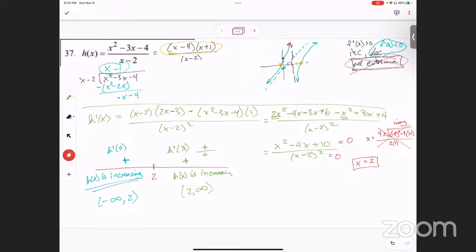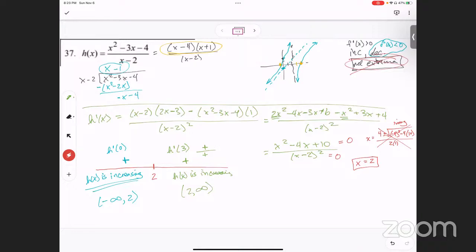This doesn't tell us anything about the concavity, but you can see that it's concave up. And from 2 to infinity, just to the right of 2, it's also increasing. So that's an example of a graph that is increasing on those two intervals, which means there's no relative extrema.